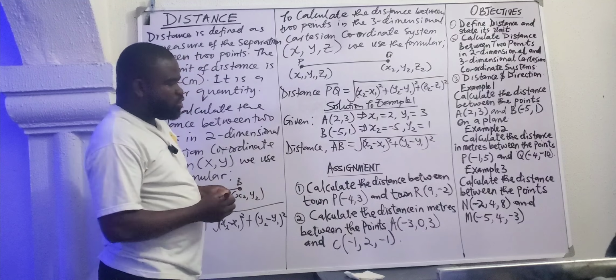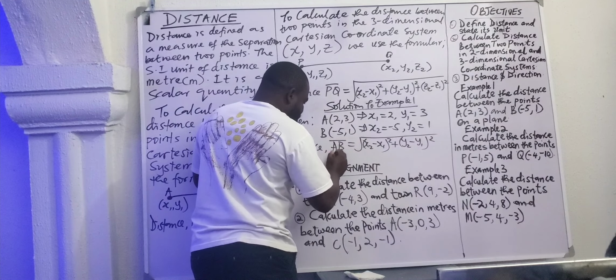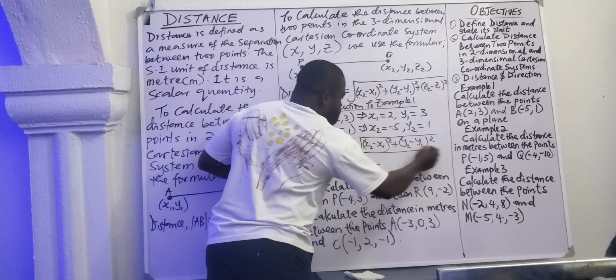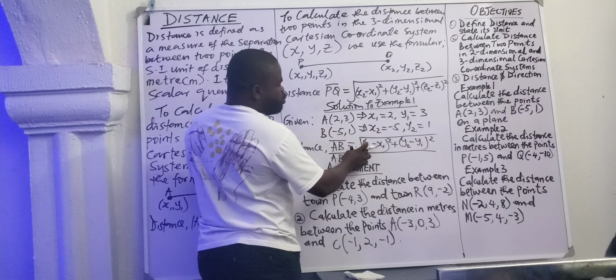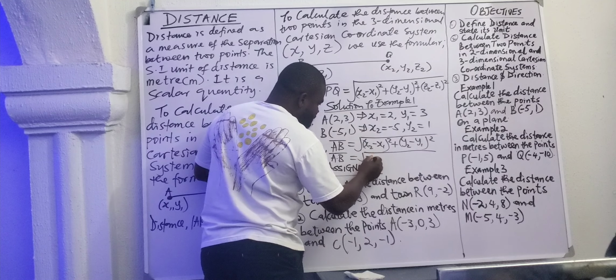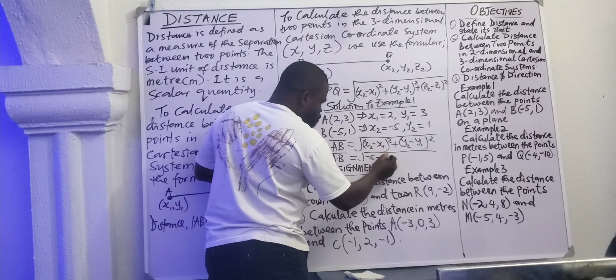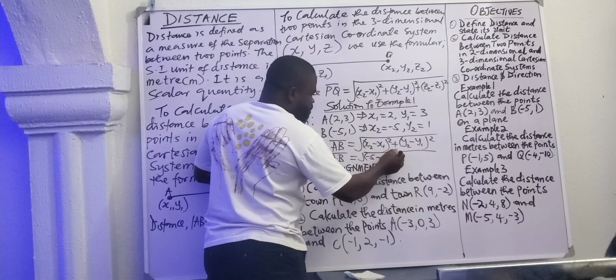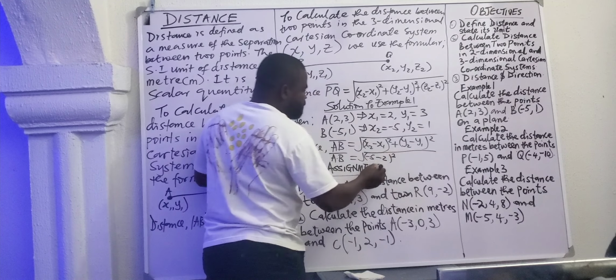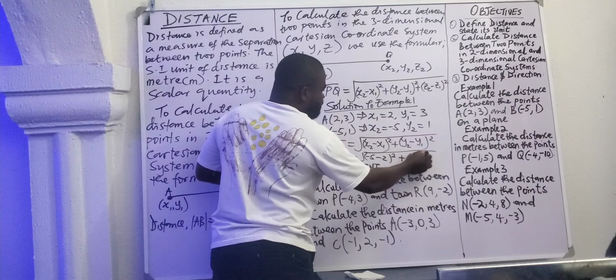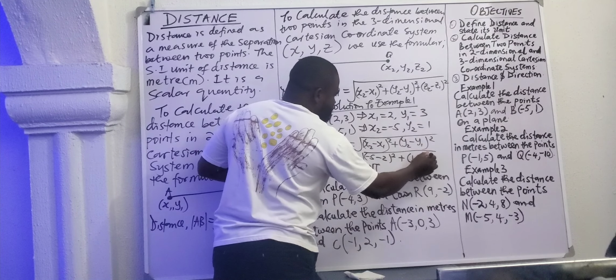So we are going to do the substitution now. That will give us that the distance of line AB is equal to the square root of, in place of x2, I will put -5, minus, in place of x1, I will put 2. I'll close it in bracket and square, plus my y2 is 1, minus my y1 is 3.